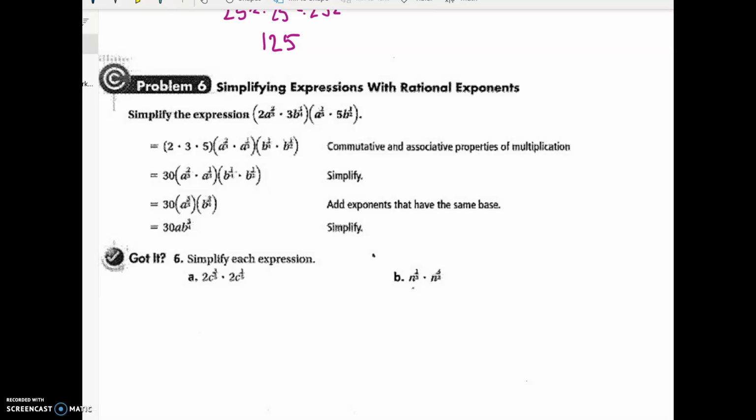And then the 2, the 3, and the 5 here, those coefficients, we can take those and combine them together also. So first we rewrite it to combine the like bases and combine the coefficients. And remember, if they have like bases, we can add the exponents. But remember that the exponents have to have the same base because they're fractions.